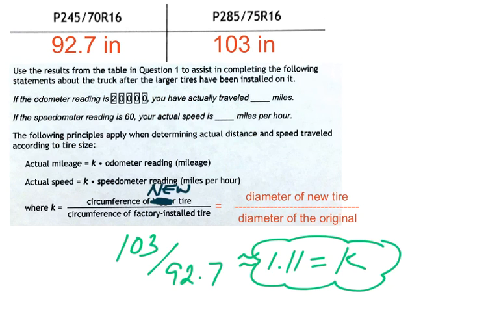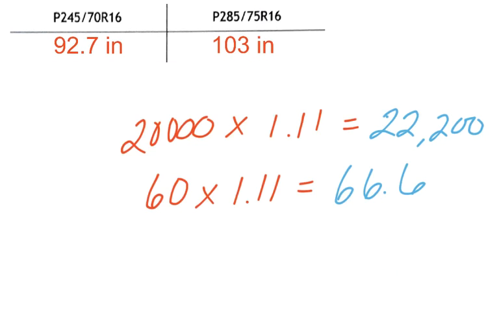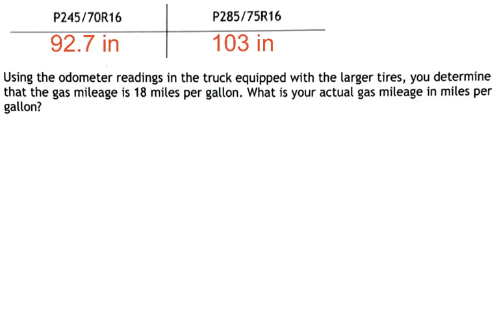So our two questions that we're asking, actual speed versus actual mileage, K times the readings, we've actually traveled 22,200 miles instead of 20,000. We've actually traveled 66.6 miles per hour rather than 60 miles per hour.